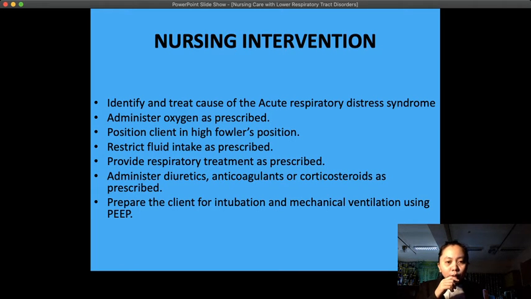So, administer diuretics para maihi niya ang excess fluid in the body. And then anticoagulants and corticosteroids. Anticoagulants is blood thinning, so at least di rin masyadong makapal ang blood in the passageway of blood, in the artery or vein. And then corticosteroids.